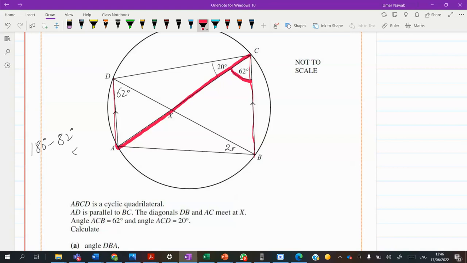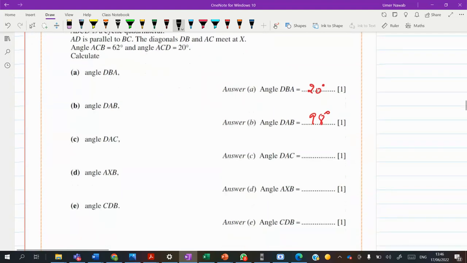So if this is 62, that has to be 62. I used the parallel line Z concept. This line is parallel to this, so I completed the Z and I found 62. The total one was 98, so that one should be 36 because total is 98 minus 62. So this angle is 36.